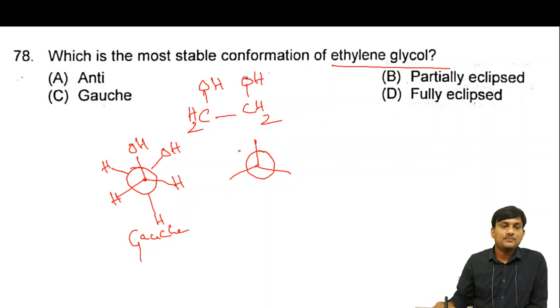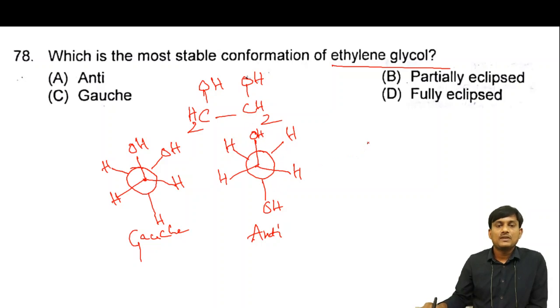Let us write all the conformations. Let us take OH, and here OH, hydrogen, hydrogen, hydrogen, and hydrogen. These are anti. The dihedral angle is 180, opposite OH groups. Let us take fully eclipsed.